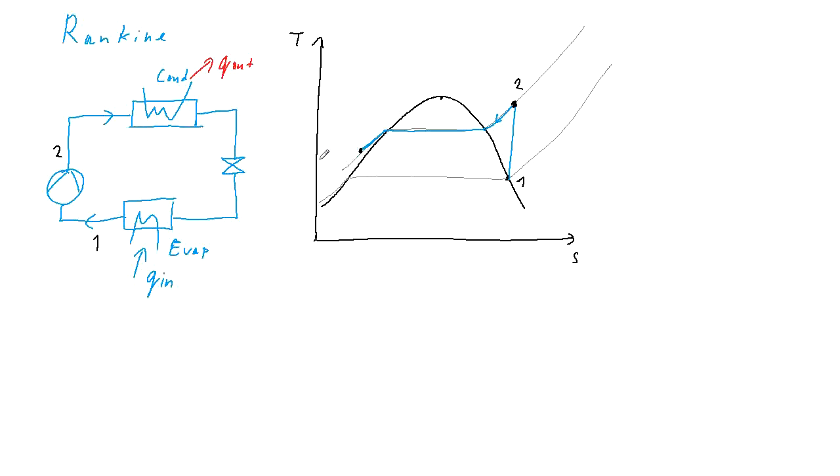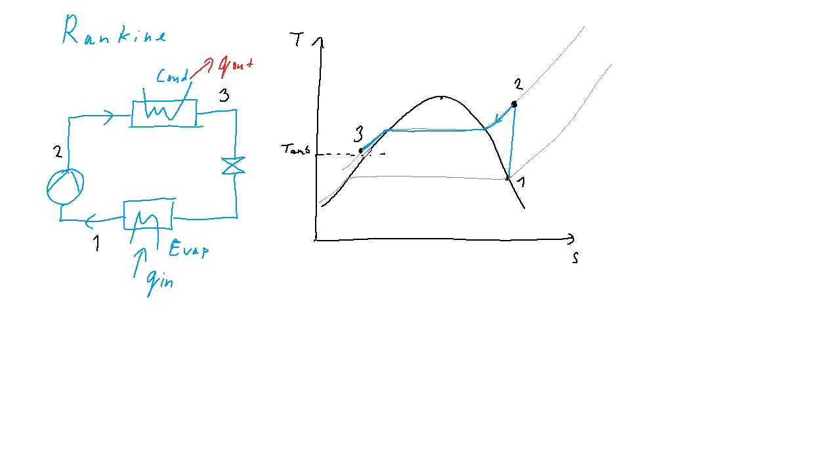Let's say that the ambient temperature would be over here. So we have the point 3 after the condenser and at the inlet of the throttling valve.